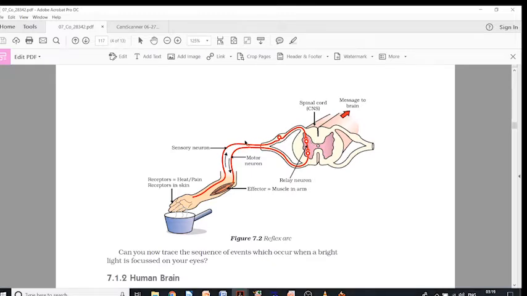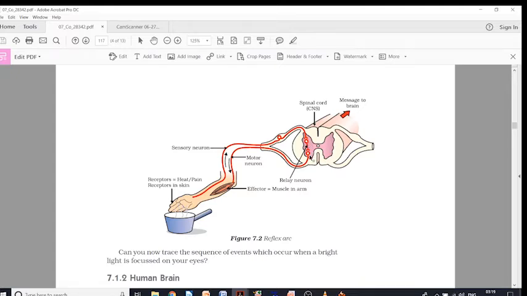The neuron which senses the signal is known as the sensory neuron. The sensory neuron senses the signal and it comes till the spinal cord. Now in the spinal cord it relays the signal to the relay neuron, and the relay neuron does what?